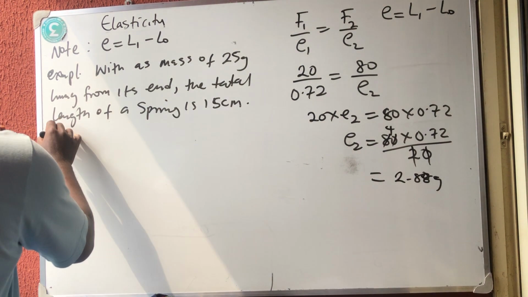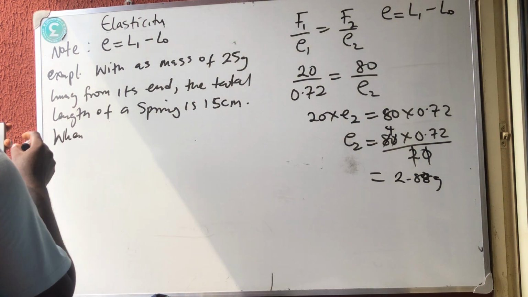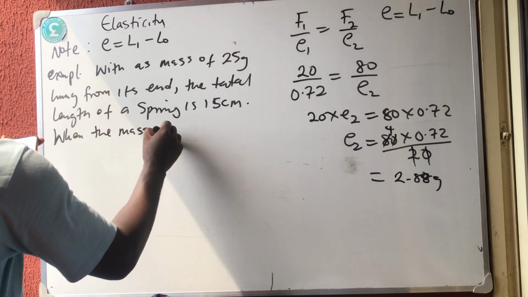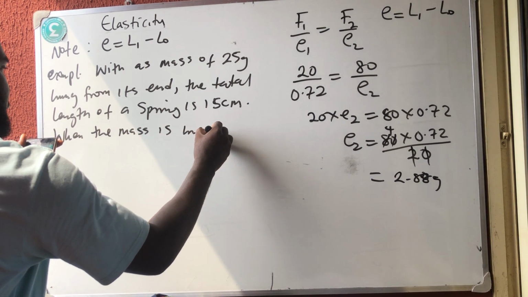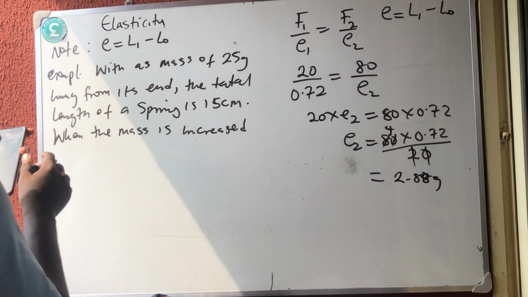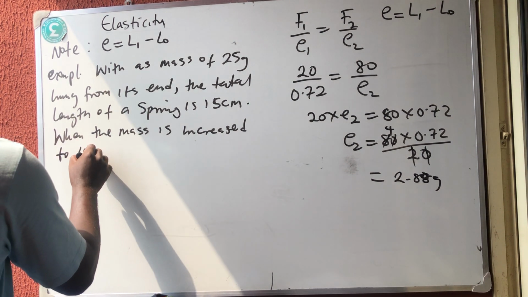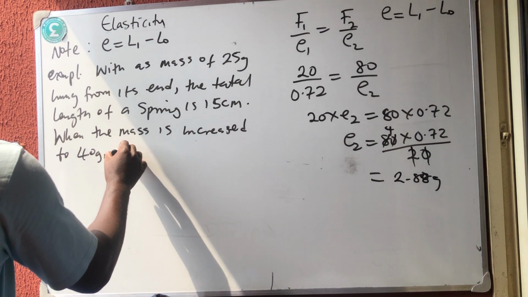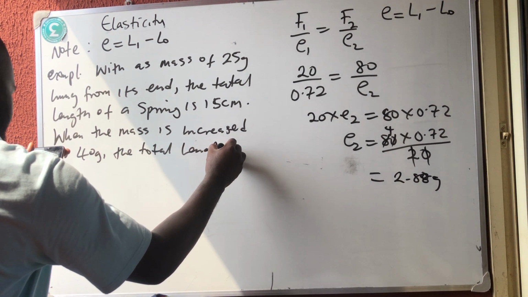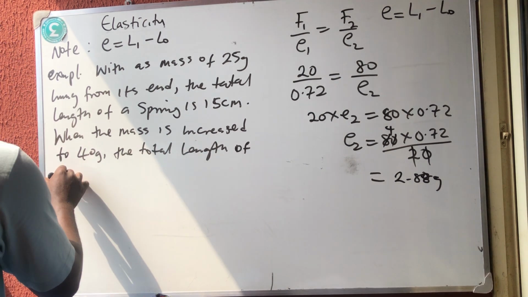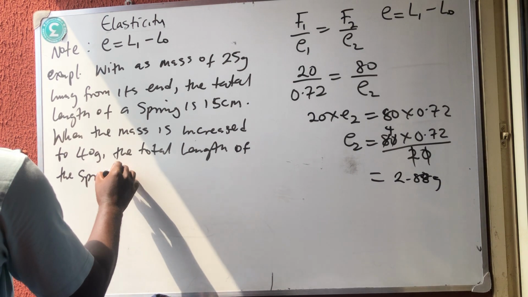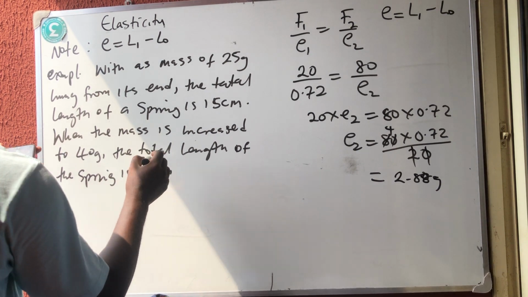Then I say when the mass is increased to 40 gram, the total length of the spring is 18 cm.